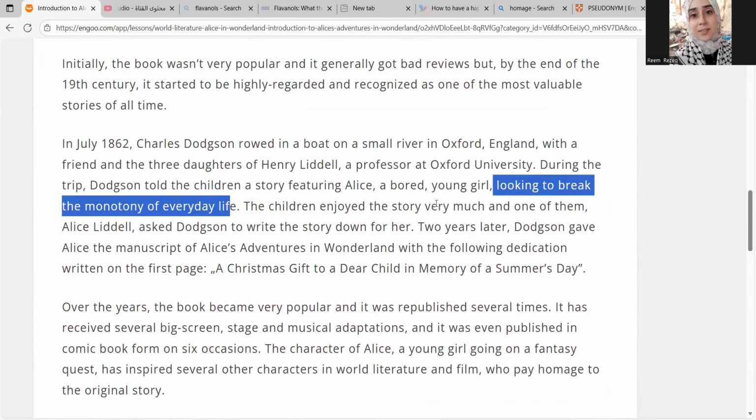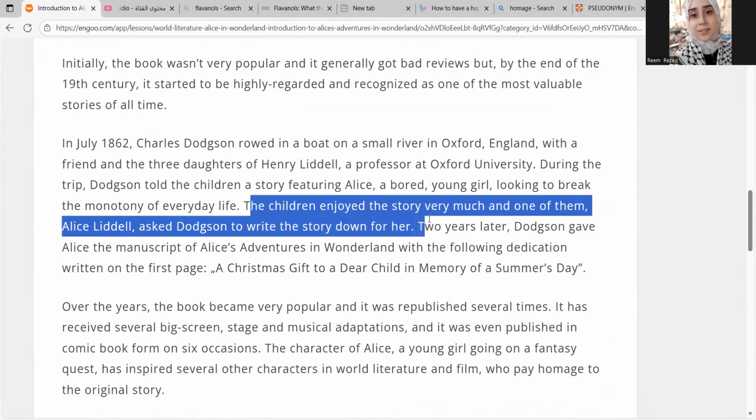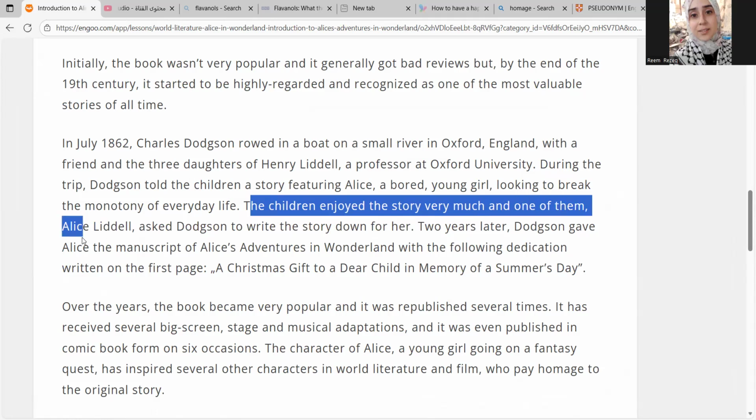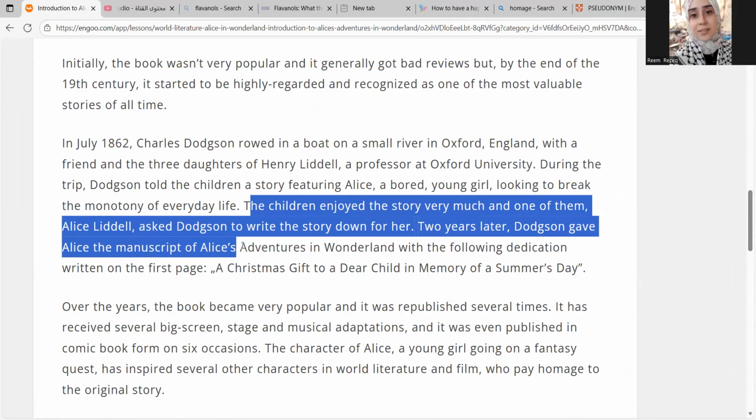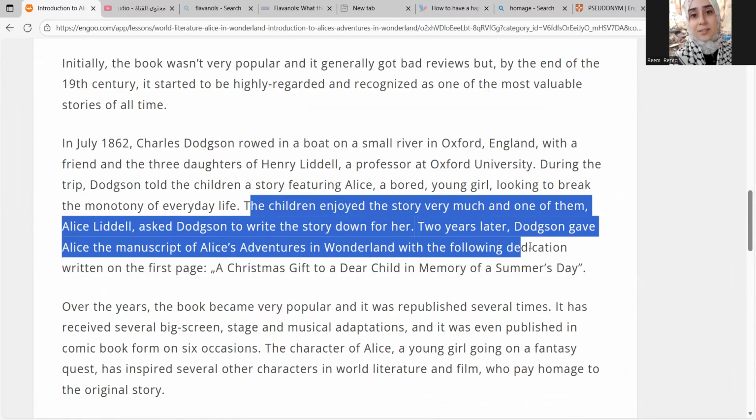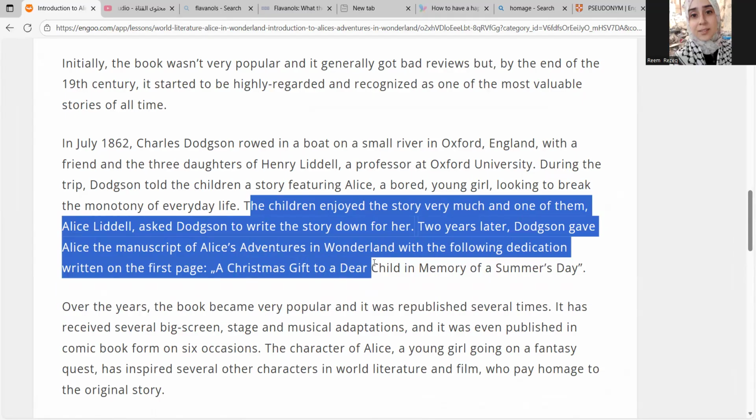The children enjoyed the story very much. And one of them, Alice Liddell, asked Dodgson to write the story down for her. Two years later, Dodgson gave Alice the manuscript of Alice's Adventures in Wonderland with the following dedication written on the first page: a Christmas gift to a dear child in memory of a summer day.